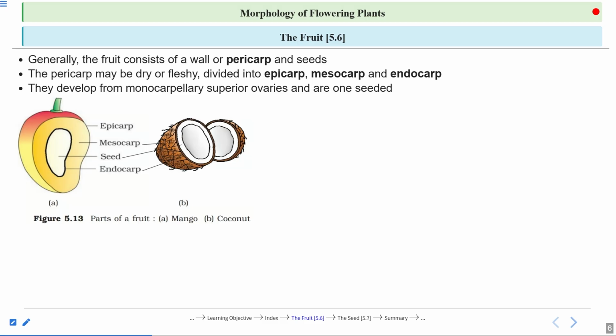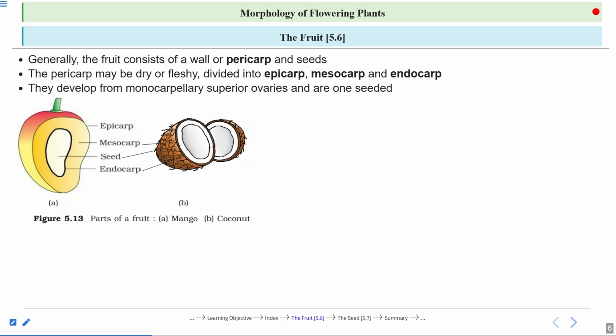That covering was epicarp in the case of coconut. Yes, nariyal pani that we drink, right? And it is very nutritious. What is that coconut water actually?